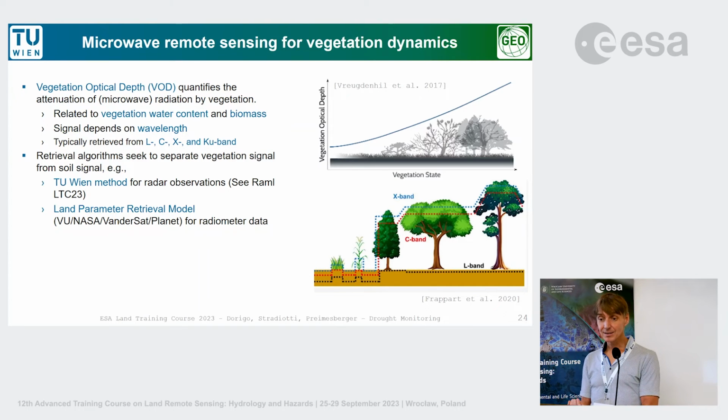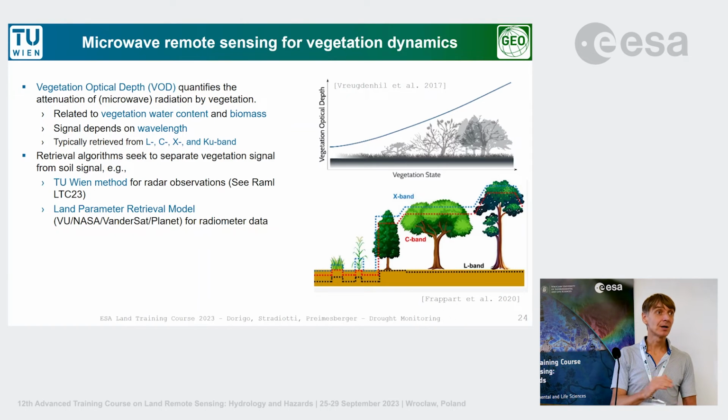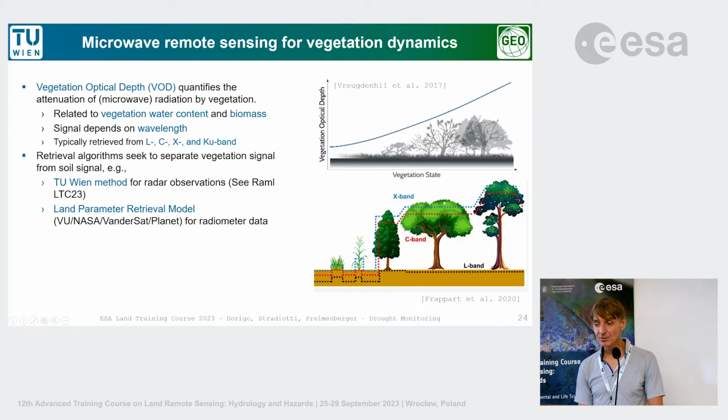This also means that they give you different types of information. I think it's very nicely shown here, at least for X and C band. Let's imagine you have an optical observation, from FAPAR, leaf area index, or NDVI. You really only scratch the surface, because the wavelengths are way too small to penetrate through the leaves. You can only get information from deeper layers in the canopy through gaps in the canopy, mostly.